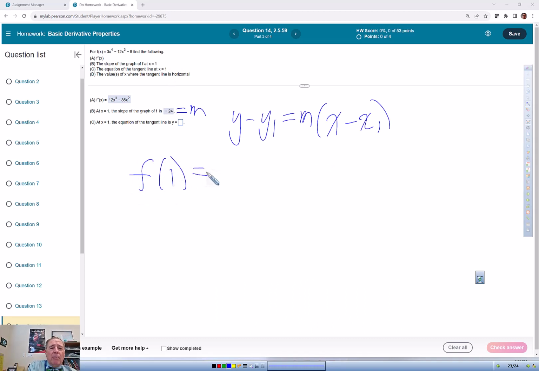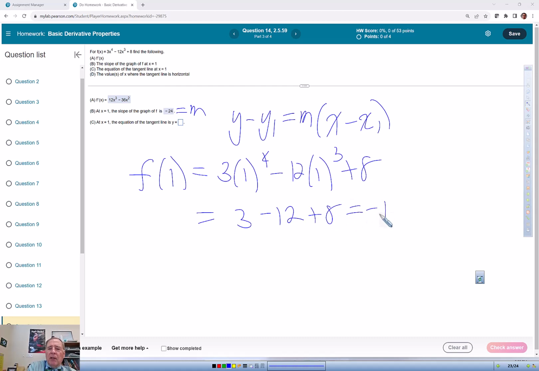So f of 1 is 3 times 1 to the fourth minus 12 times 1 cubed plus 8. That's 3 minus 12 plus 8, which is going to be negative 1. So that's the point 1, negative 1, x1, y1, and the slope is negative 24.